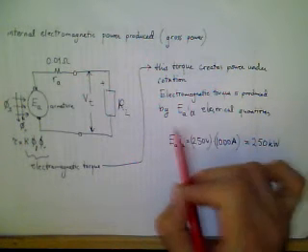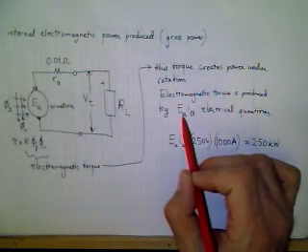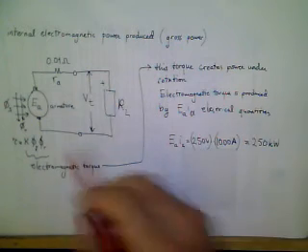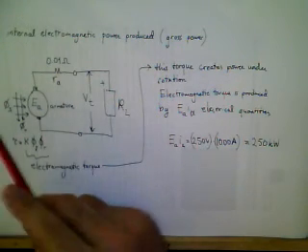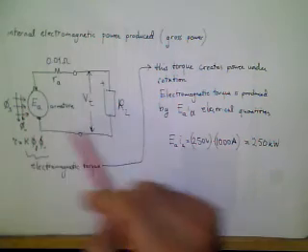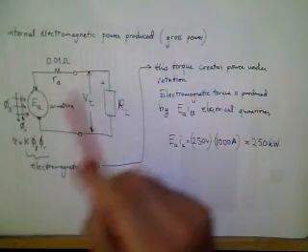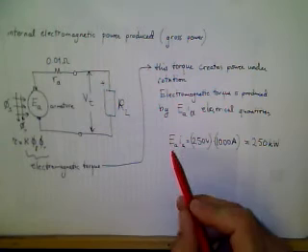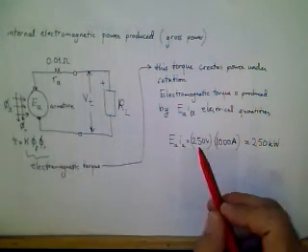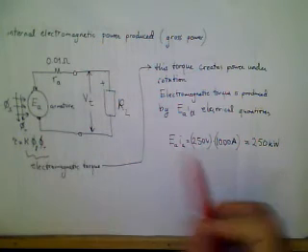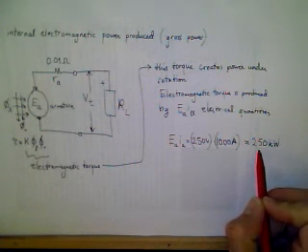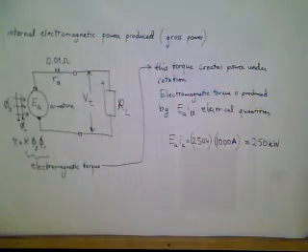Electromagnetic power is produced by E_A, the induced voltage, times armature current, in terms of electrical quantities. So mechanical power input to this system creates electrical power output from this system. The electrical power output from the armature, knowing the voltage E_A and current, ends up being 250 kilowatts.